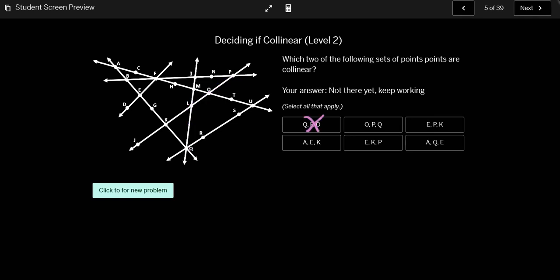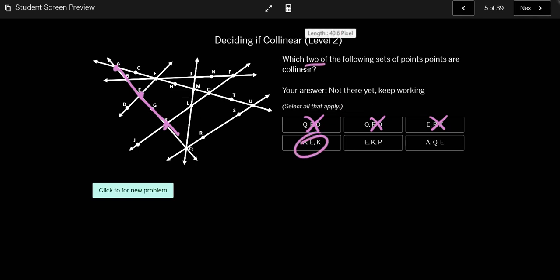Then we have OPQ, which is the same letters, so we'll cross those out. EPK: E is here, P is here, and K is there. That again does not form a line, so this one's out. A, E, and K forms a straight line if we draw through it, so that is a set of collinear points.